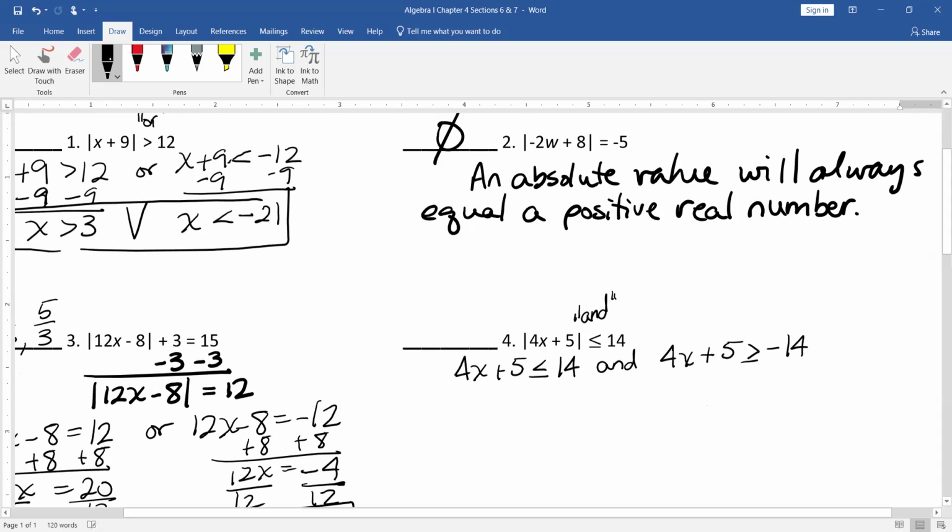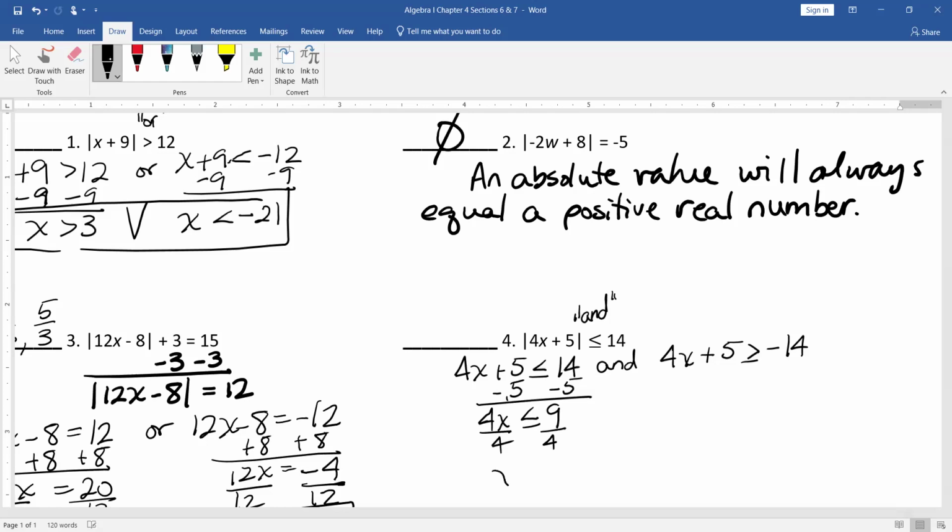All right, so solve them individually. Subtract 5 from both sides. Get 4x is less than or equal to 9. Divide by 4, and x is less than or equal to 9/4.